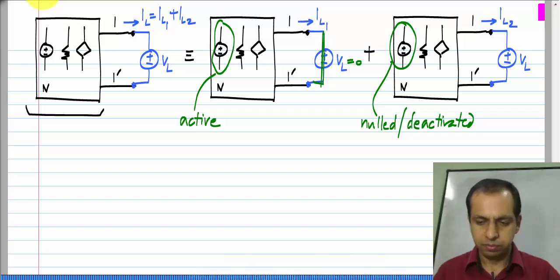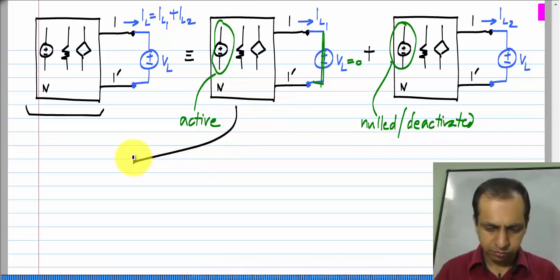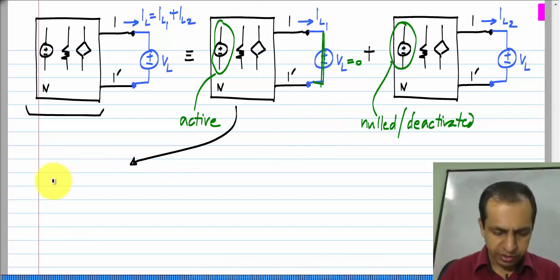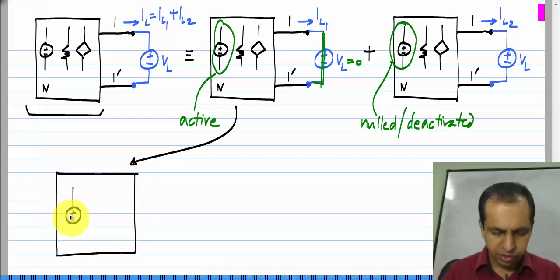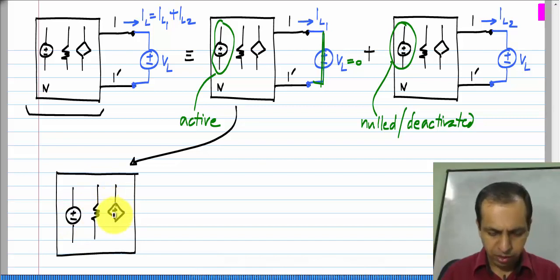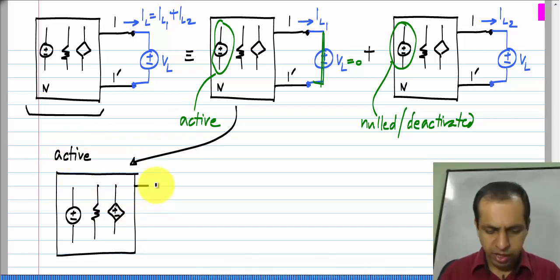Now, let us go step by step. In this case, what I have done is to have all the internal independent sources active.